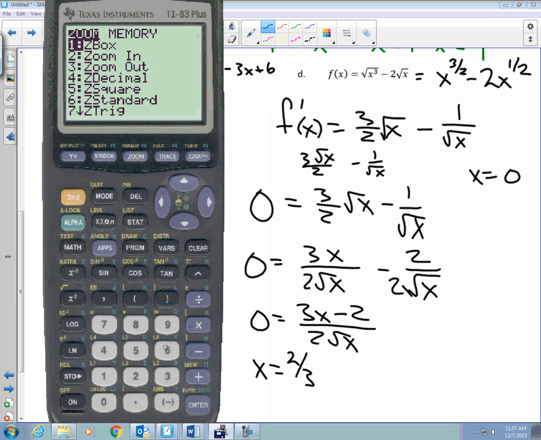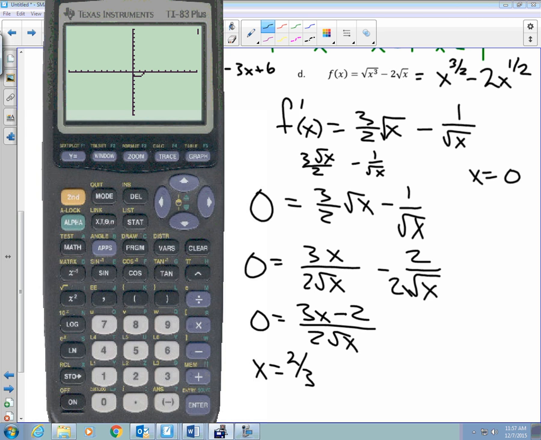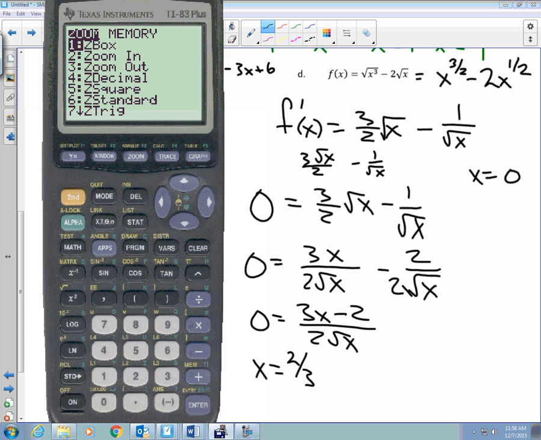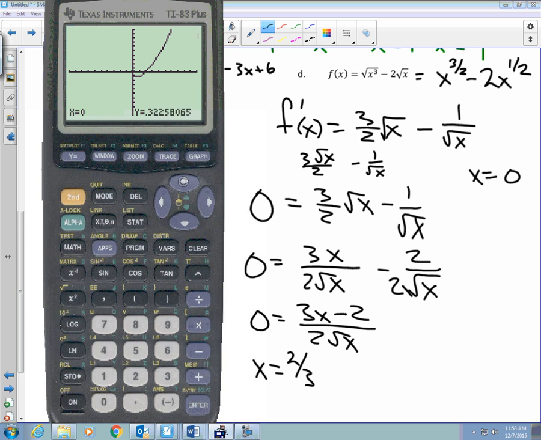And I'm going to zoom standard. And that's the graph. So let's look at the graph and determine if it seems that we have critical values at 0 and 2/3.